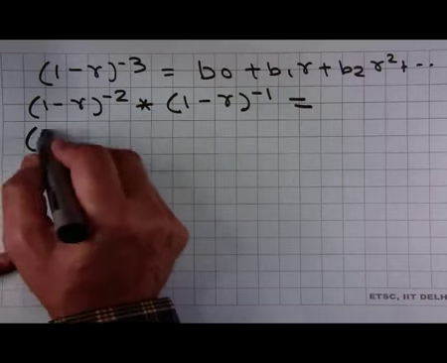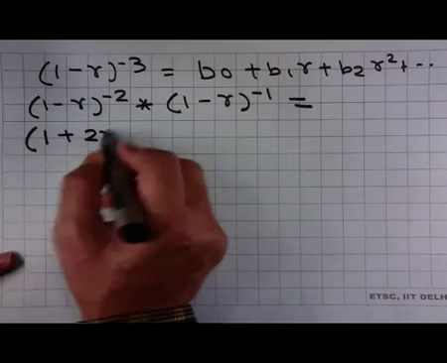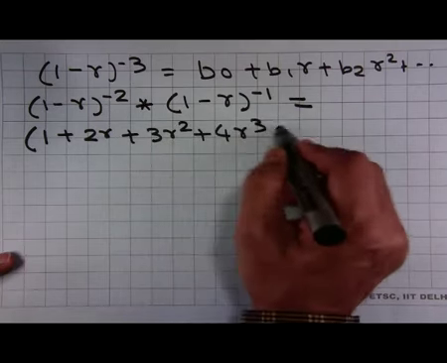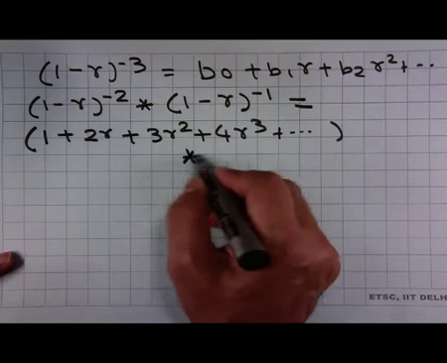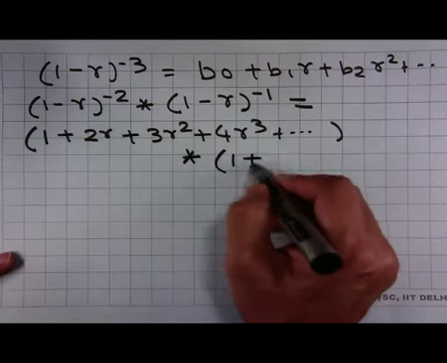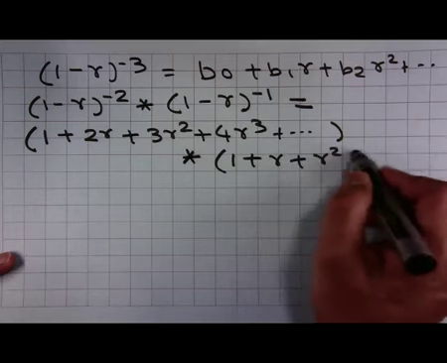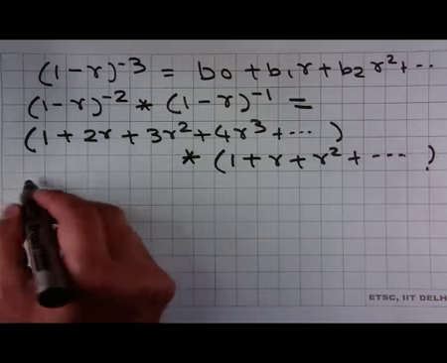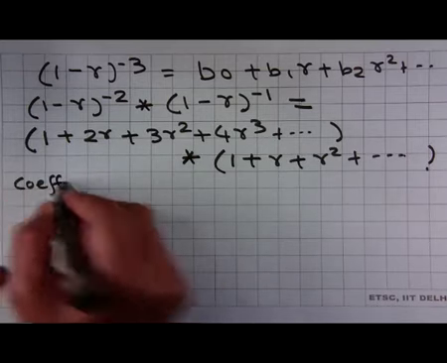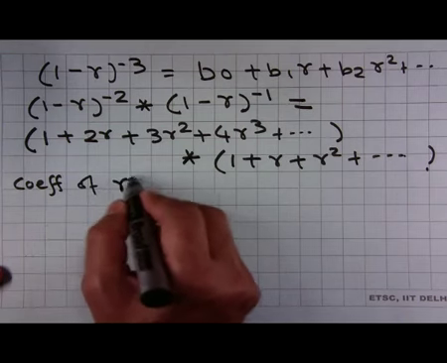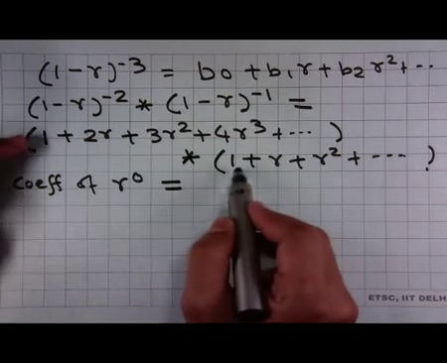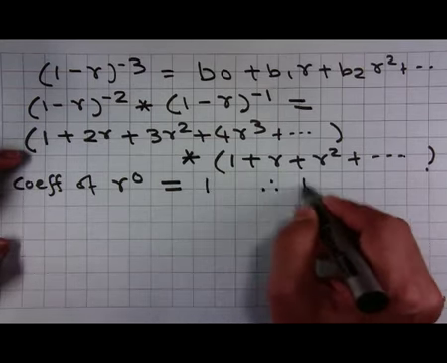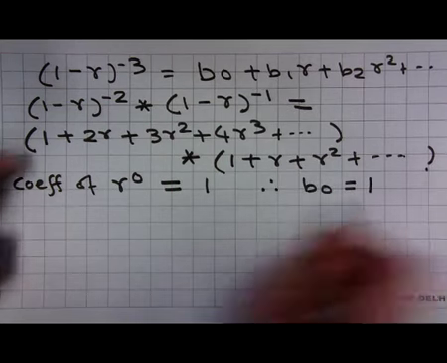And (1 minus r) to the power minus 2 multiplied by (1 minus r) to the power minus 1 is equal to 1 plus 2 r plus 3 r square plus 4 r cube, like that, multiplied by 1 plus r plus r square. So, in the product, coefficient of r to the power 0 is equal to 1 multiplied by 1 is equal to 1. Therefore, b 0 is equal to 1.